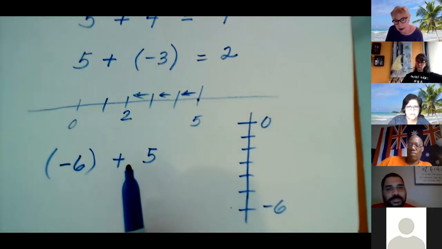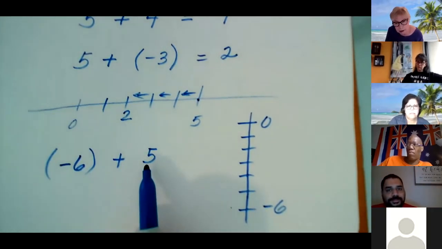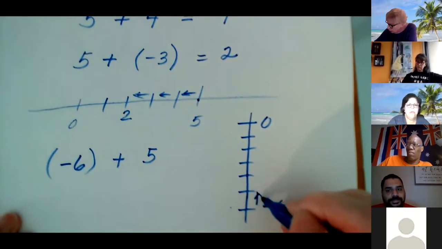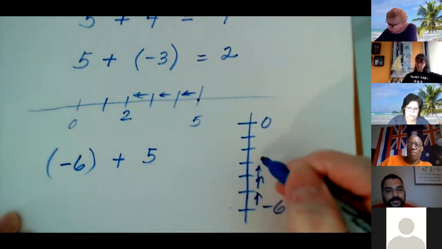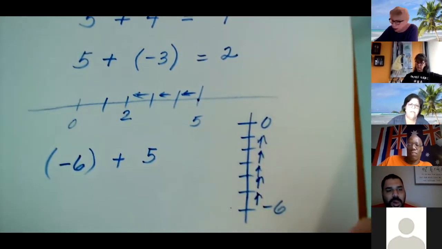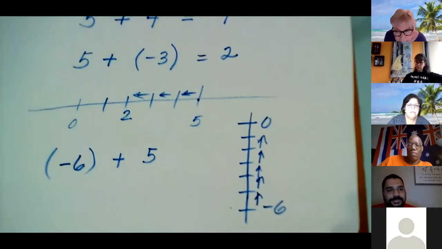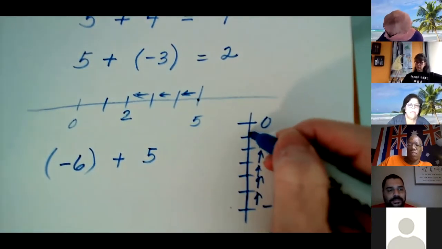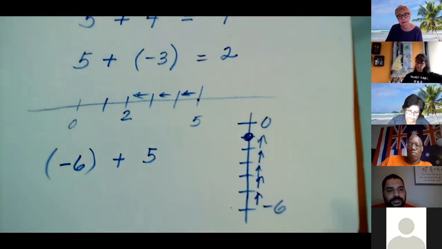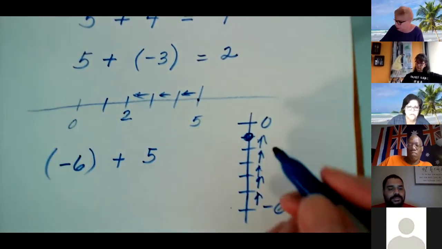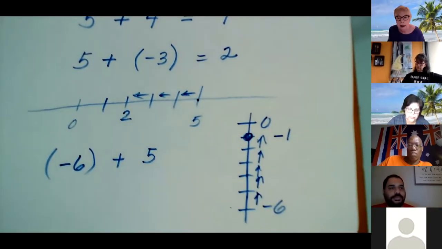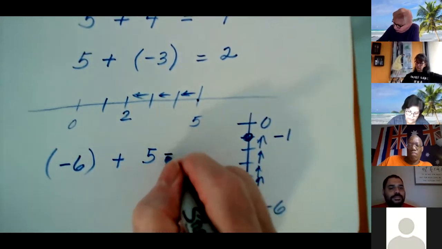This is telling me that the temperature would rise 5 degrees. 1, 2, 3, 4, 5. I didn't make it to 0, but I was almost there. Can you see it? I made it to -1.